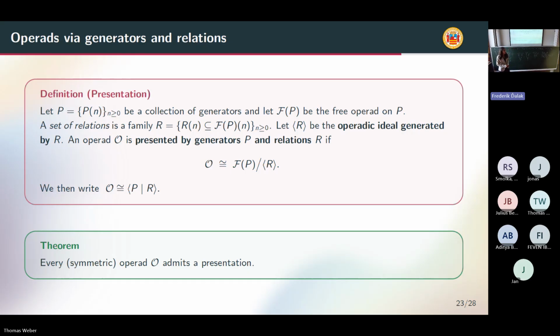So an ideal is a family stable under composition, and quotient is defined in the obvious way. And this is a really nice thing because every operad admits a presentation, which means that generators and relations is not just a trick for examples in order to build new examples, but it's something completely general.